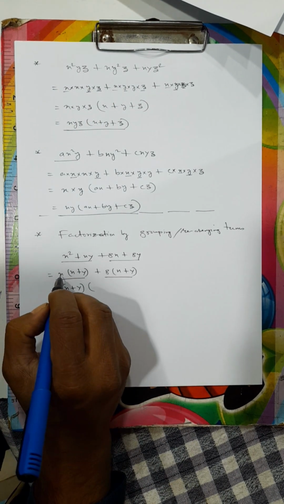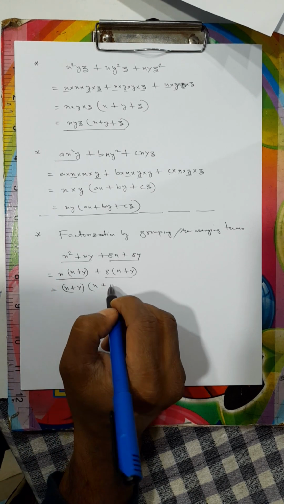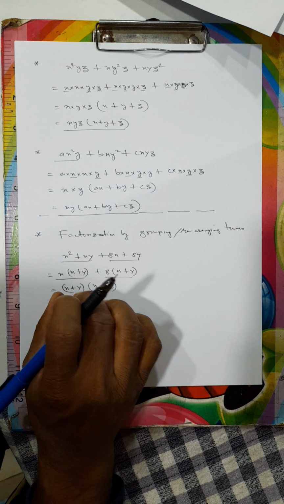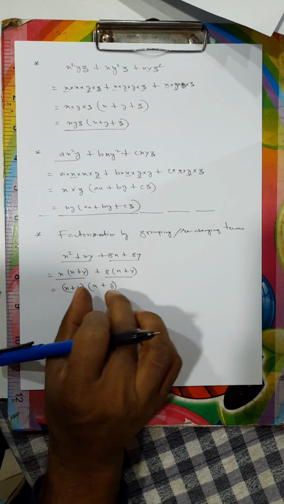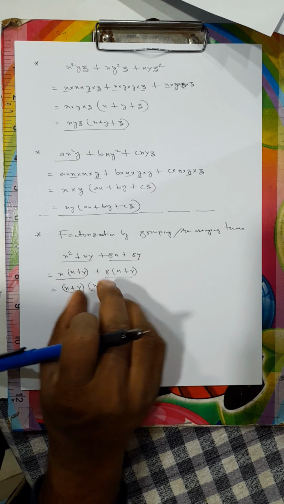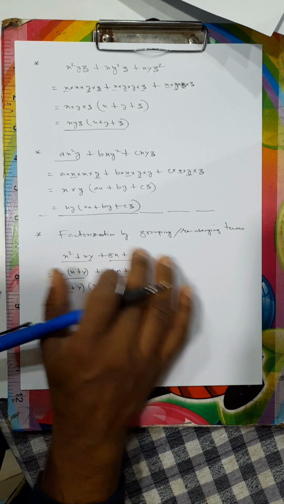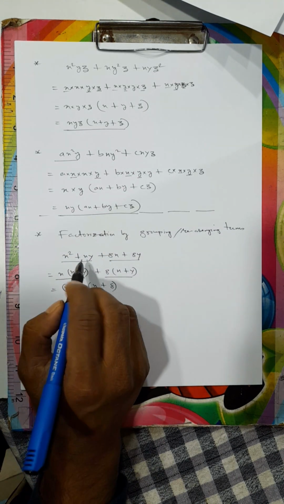What is being left out in the first term? x. And what is being left out in the second term? 8. So we find that it's a product of two algebraic expressions, x plus y into x plus 8. So this is the factor form of this algebraic expression, right?